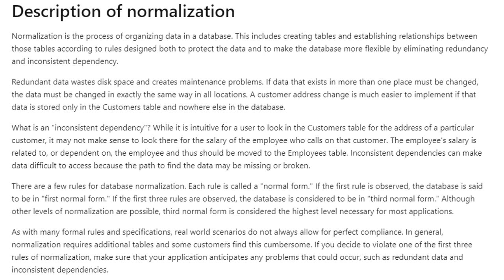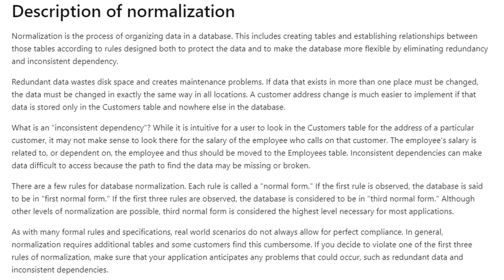There are a few rules for database normalization. Each rule is called a normal form. If the first rule is observed, the database is said to be in first normal form.